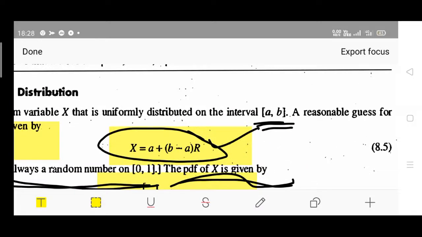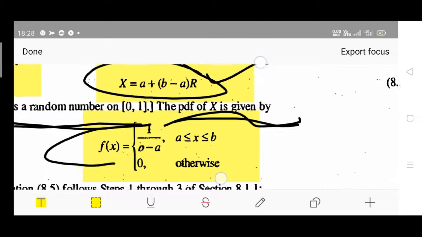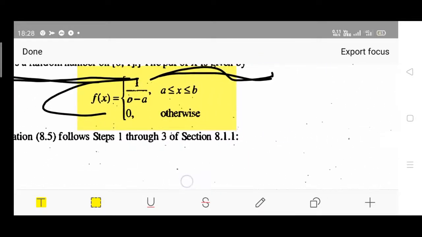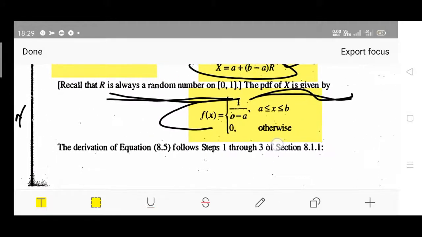So f of x is equal to 1 by b minus a for x lying between a and b, otherwise it will become 0. This is the probability density function, or PDF.